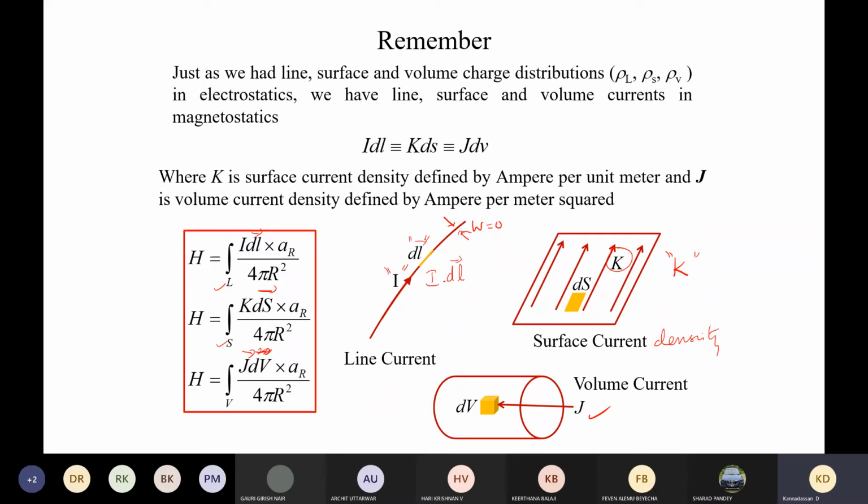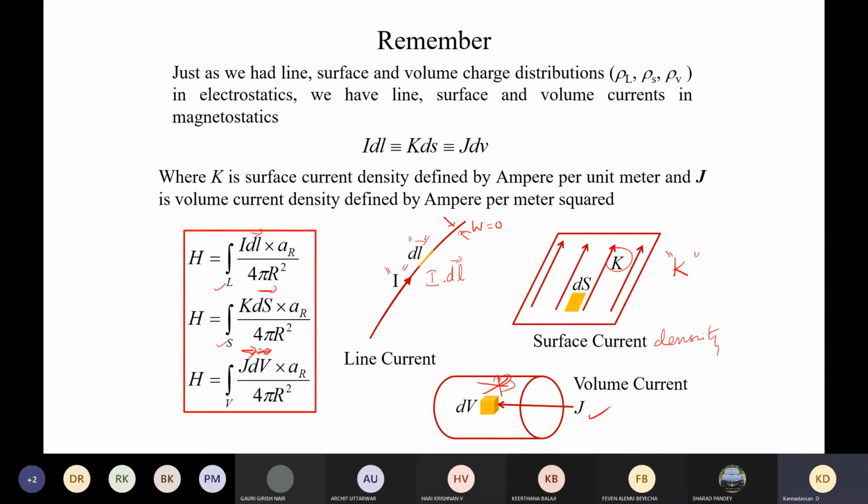That's a minor difference, because in a volume the current can flow in any direction. So the current direction is taken care of by the J vector, while in case of the surface and line, the surface vector and line vector are there separately.